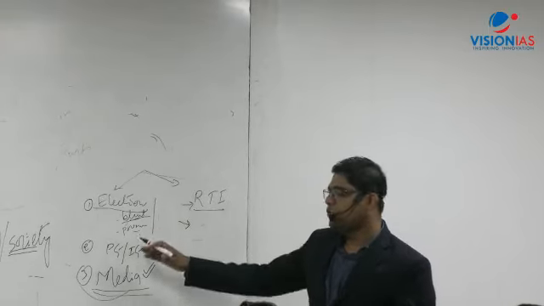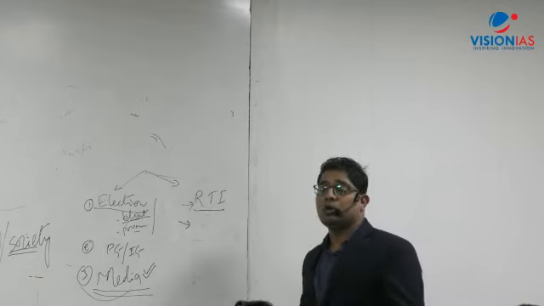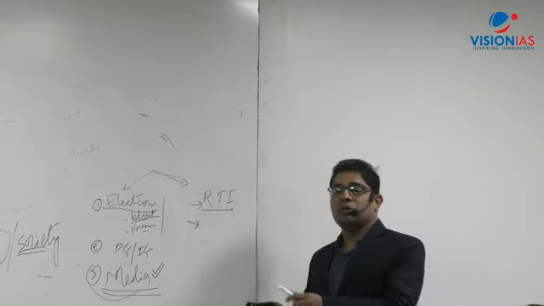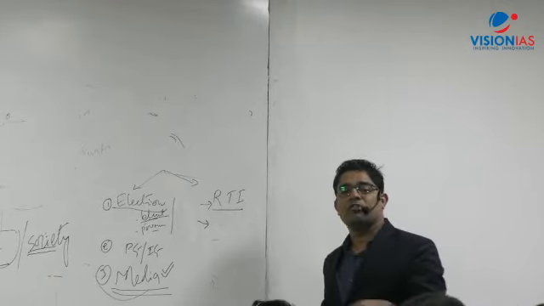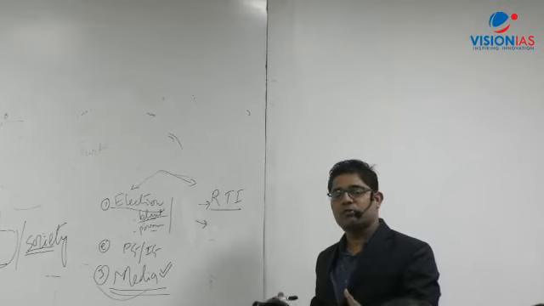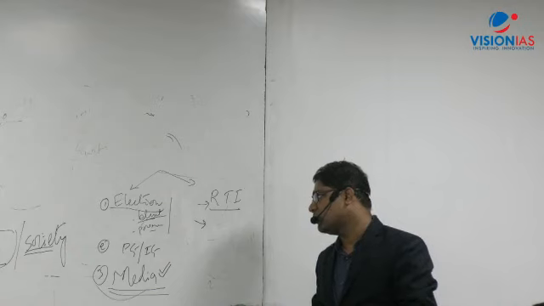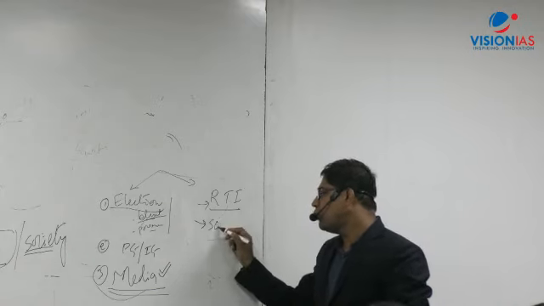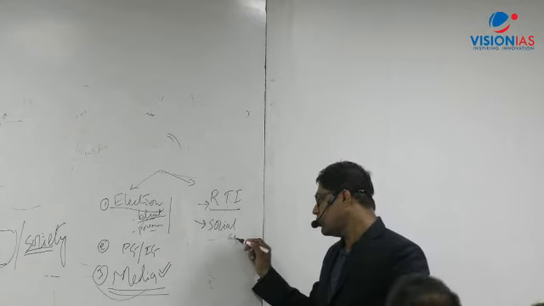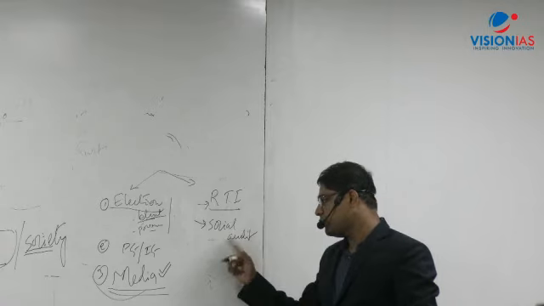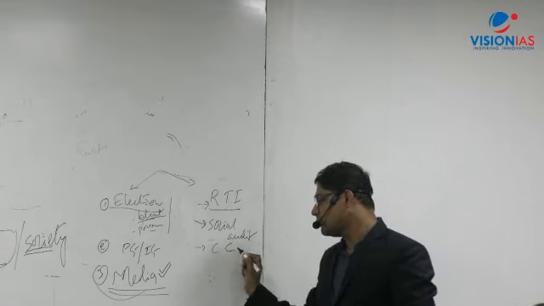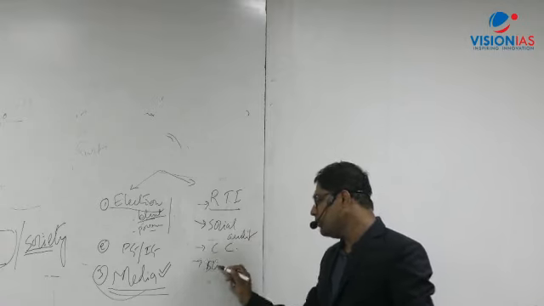But that's the point which is going to take a long time, because education of the voter, inculcating rationality, all these components require a very long term, that education, socialization, etc. RTI, social audit, we will discuss social audit later, but just write social audit, citizen charter, social media.